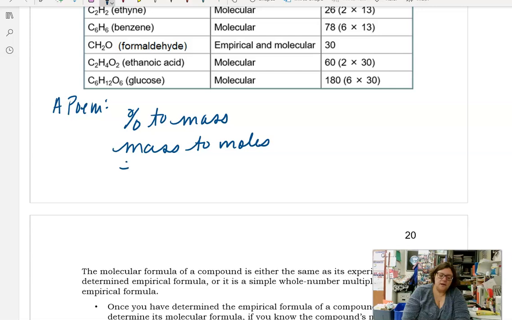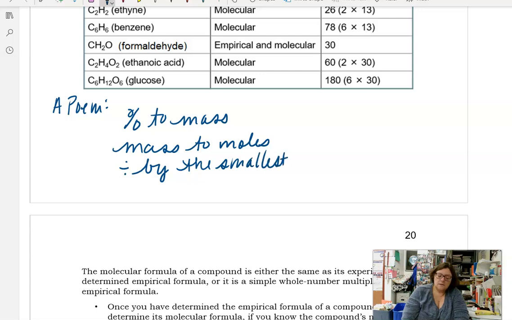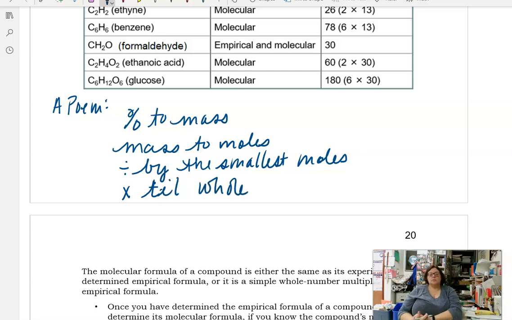Then you divide by the smallest moles to get a 1 to something ratio, and then you multiply until the number is whole. Percent to mass, mass to moles, divide by small, multiply till whole.